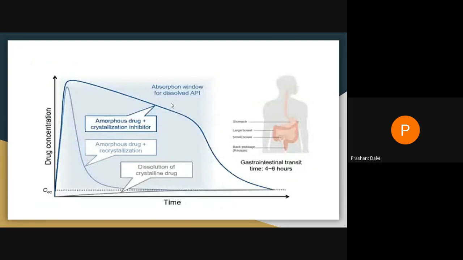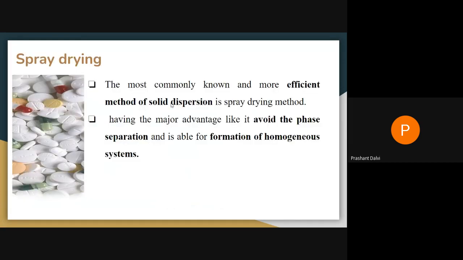Now, what are the different techniques for the formation of this amorphous solid dispersion? N number of techniques are available. Use of beta cyclodextrins, hydroxypropyl beta cyclodextrins, hot melt extrusion, spray drying.